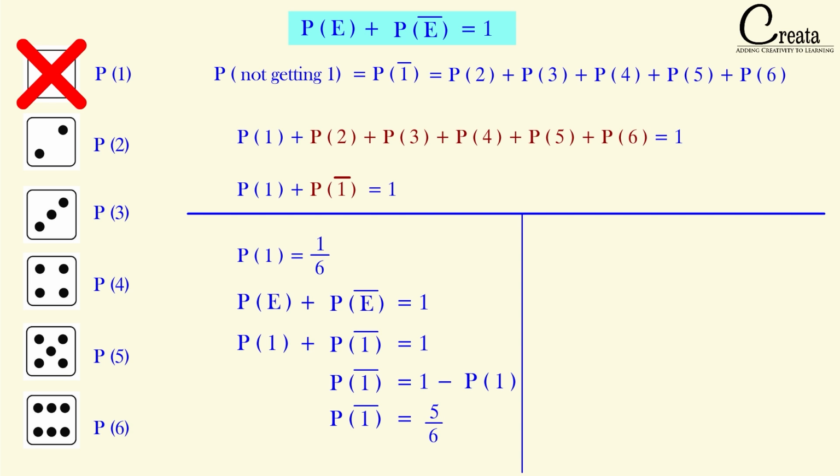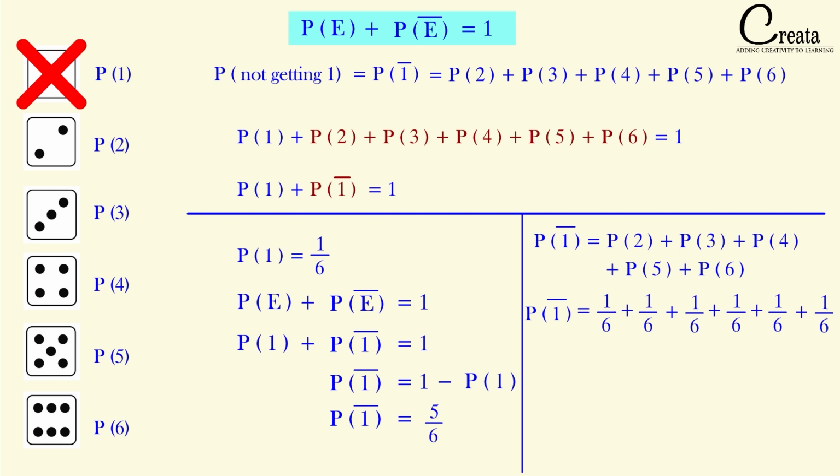Let's try to reach using the simple method. Here P1 bar is equal to P2 plus P3 plus P4 plus P5 plus P6. And we know value of all these probabilities is 1 by 6. Let's add 1 by 6 plus 1 by 6 up to the last term. We get 5 by 6. And both are matching, 5 by 6 and 5 by 6.